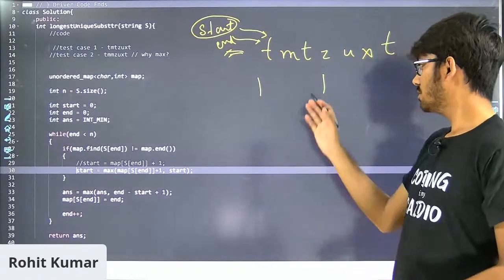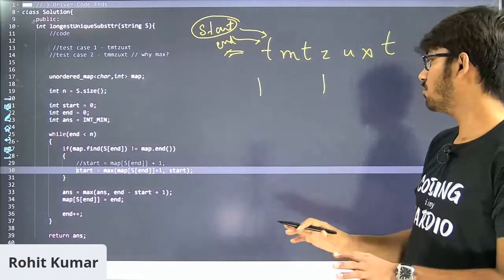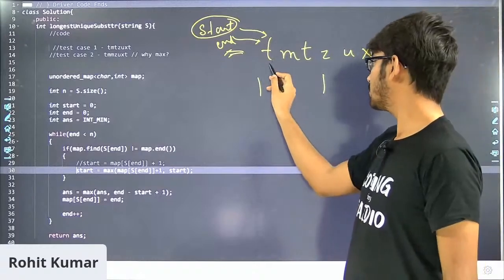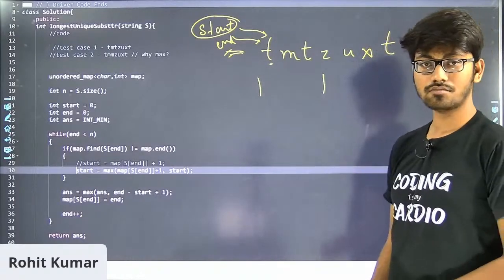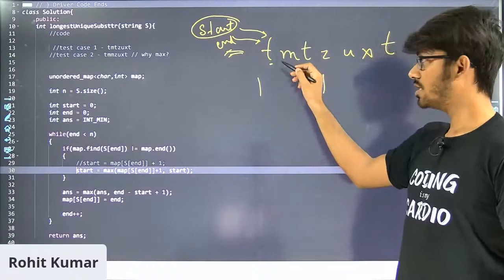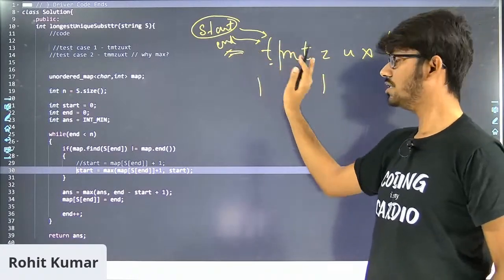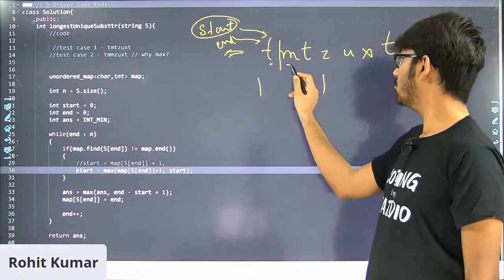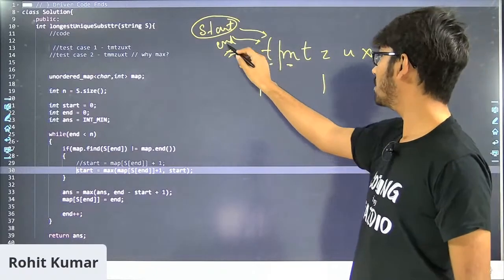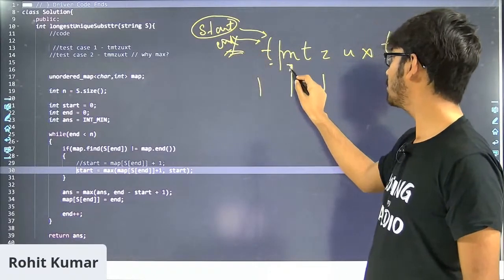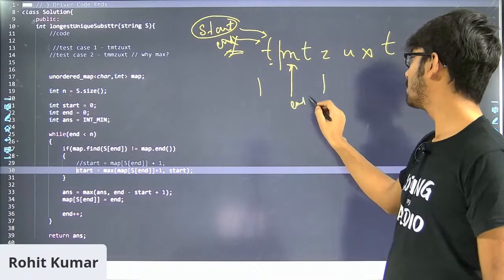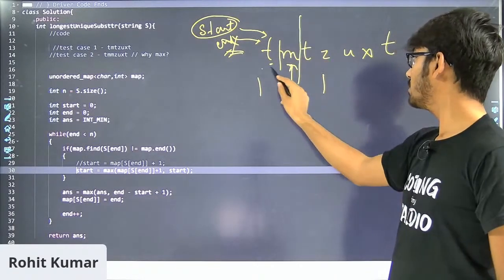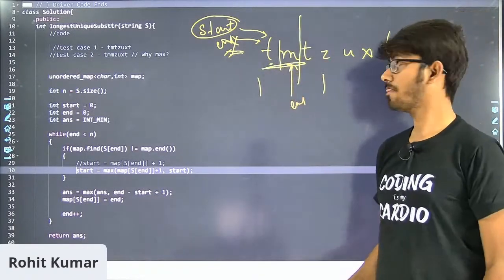Just to give you a brief overview of what is going to happen: this is the first character, small t. This is distinct as of now, so your start and end are over here, no issue. You come over here, that means your end starts pointing to this. Now t and m are also distinct, still no issue.